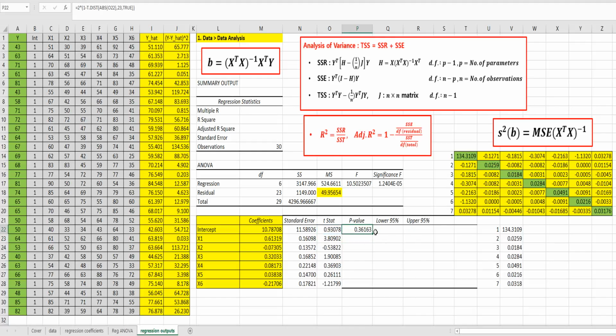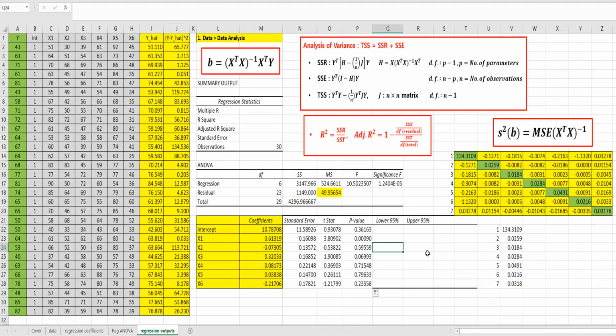Right. So as you can see, there are significant variables here, and also an x variable with a very large p-value, which means it's not significant in this model. So in the next video, I will explain how to deal with significant and non-significant variables.